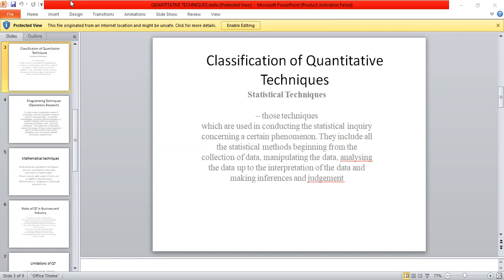On statistical, it deals with all the techniques of statistical methods, beginning from collection, there is manipulation, there is analyzing, interpretation, and even evaluation. Let's move on.